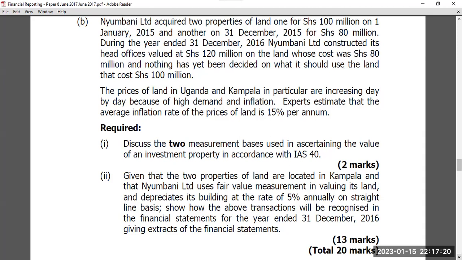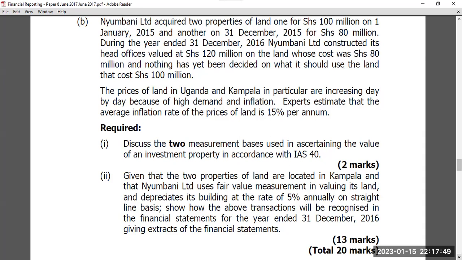If you remember very well, those are the things we started with, the measurement bases. Whenever we are talking about these measurement bases, we are talking about alternative means that we can use to record the asset or the value of the asset.